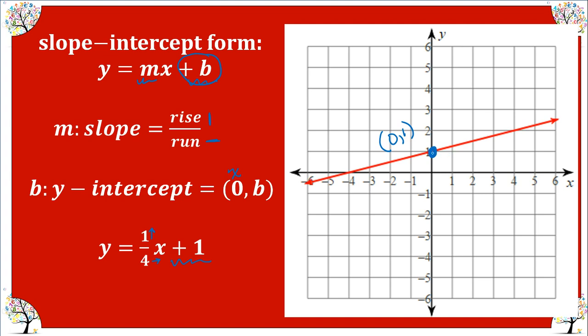Now we have a starting point to get to the next point going from left to right, just like you read a book. We're going to go up 1 and over to the right, 1, 2, 3, 4. So this is a slope of 1/4.